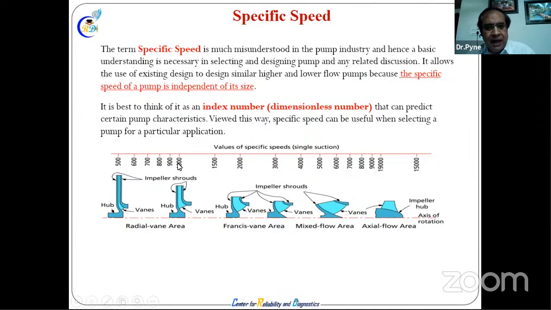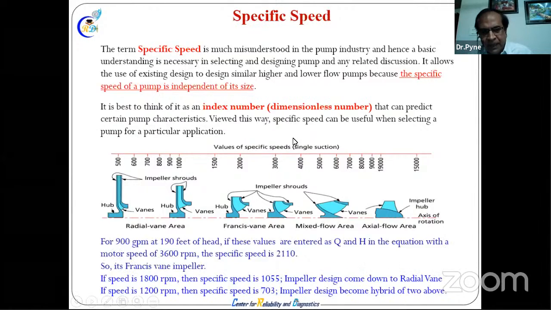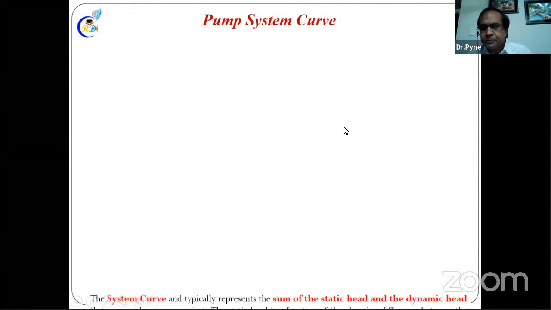If specific speed is around 1000 or so, go with this, and a geometrically similar pump will be given for a particular flow on this radial vane. If higher specific speed, then they will specify axial flow type. So this is the understanding. The speed of a pump is independent of its size, so we have a specific speed, and the formula takes care of it.